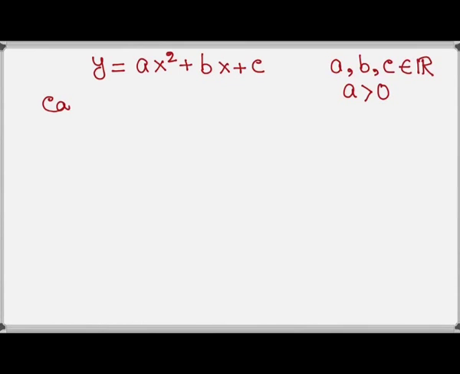Let us take our first case to be the discriminant d is strictly bigger than 0. And in every case we will have a number of subcases. Here let us take our first subcase to be b is strictly less than 0 and c is strictly bigger than 0.